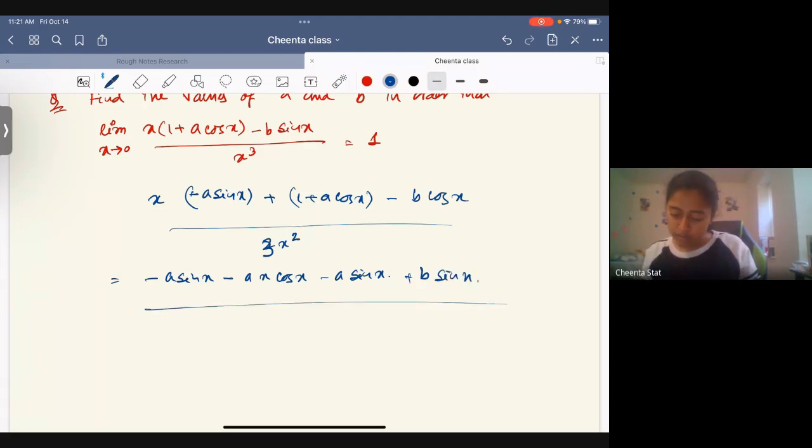It will be 6x, yeah, something like that.